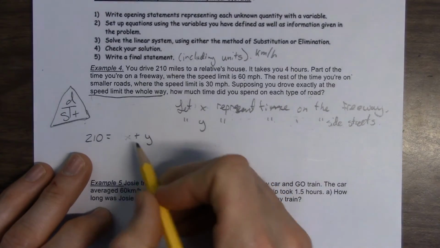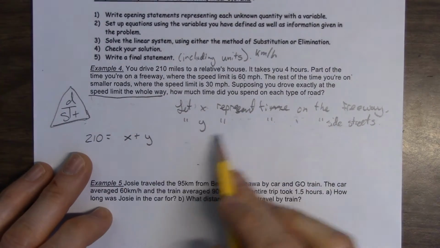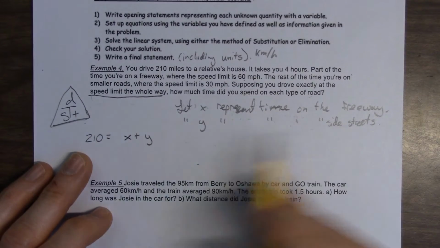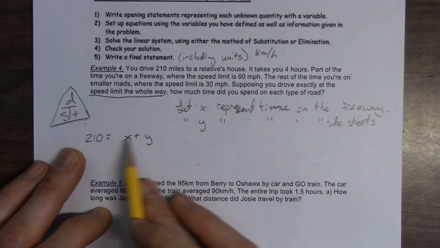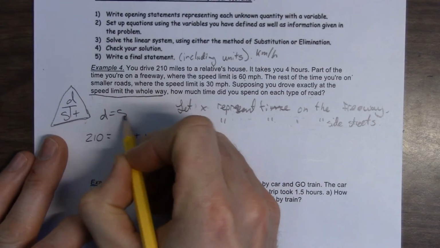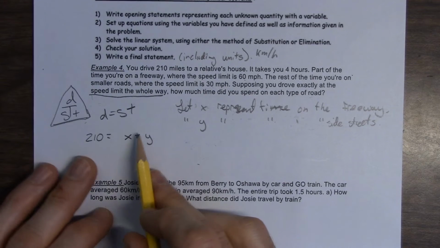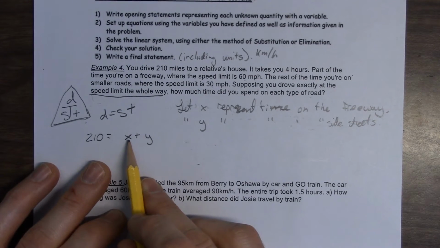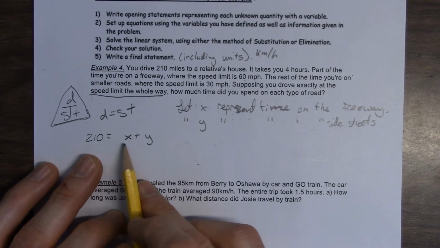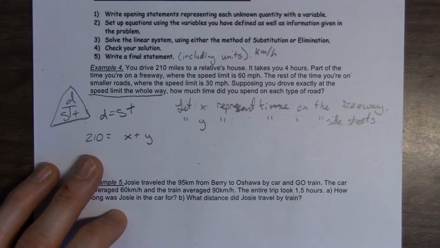Now we know X is representing the time on the freeway, and Y is representing the time on the side streets. So what's the other variable that we need to put in here to get distance? Distance is equal to speed times time. Okay? So what's the other variable that we need to get distance on our highways and distance on our smaller roads? Milky. Yeah, so what is it?